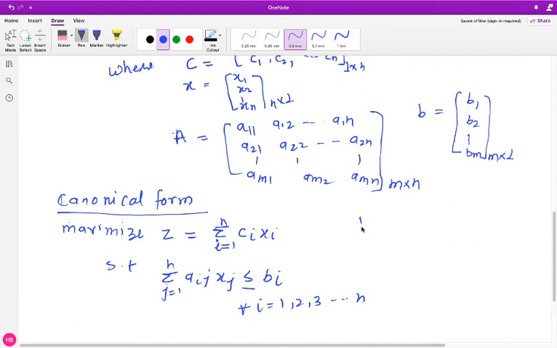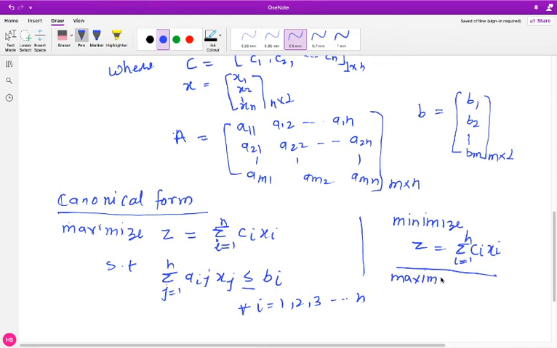If any minimization problem is given to us, let us say minimize z equals summation i equals 1 to n ci xi, we can convert this minimization problem into a maximization problem by multiplying it by -1.